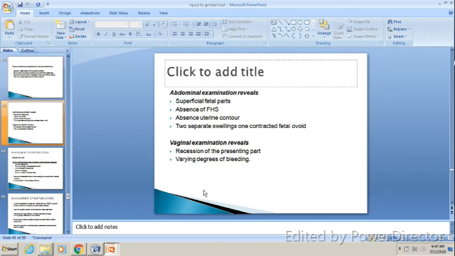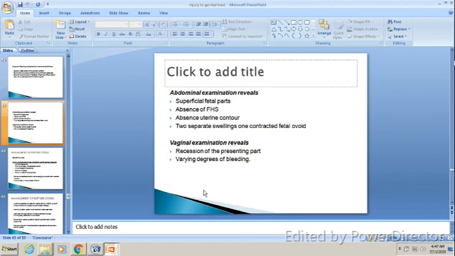In case of obstructive rupture of uterus, the patient gives a history of sudden giving way, the pain will go off, the patient will be exhausted. In that case, when you do abdominal examination, you feel superficial fetal parts, there are no fetal heart sounds, uterine contour will be absent, you can't feel a proper uterine contour.